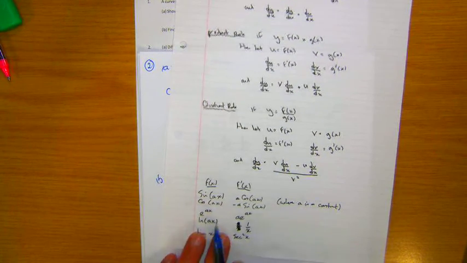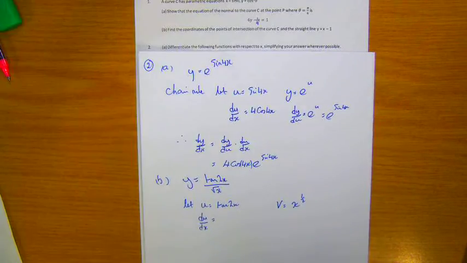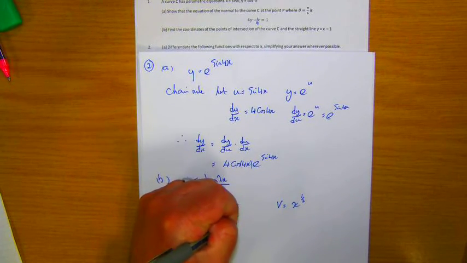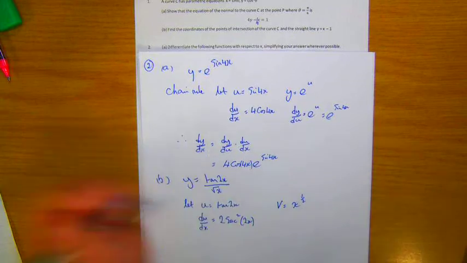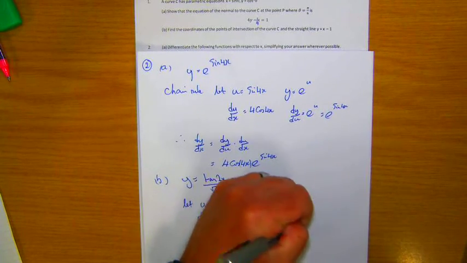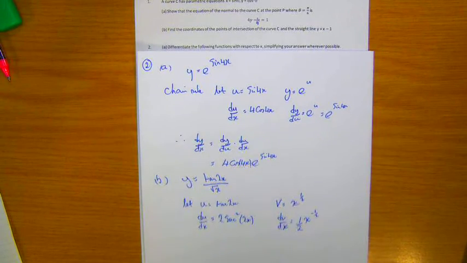When you differentiate tan ax, you get a sec squared ax. So this is going to be 2 sec squared 2x. And this is going to be a half x to the minus a half.